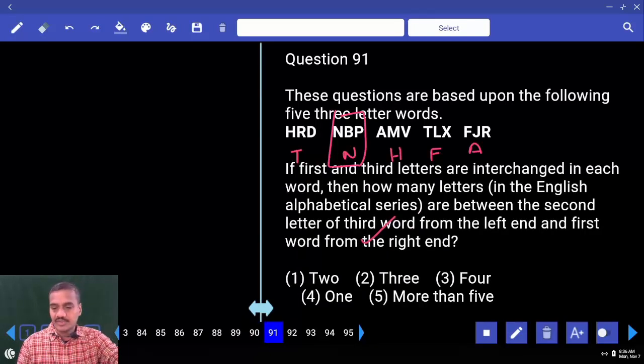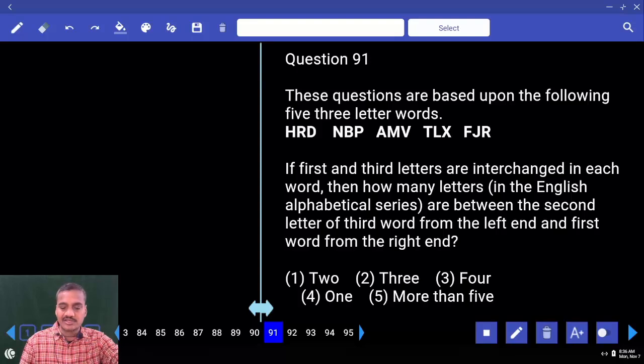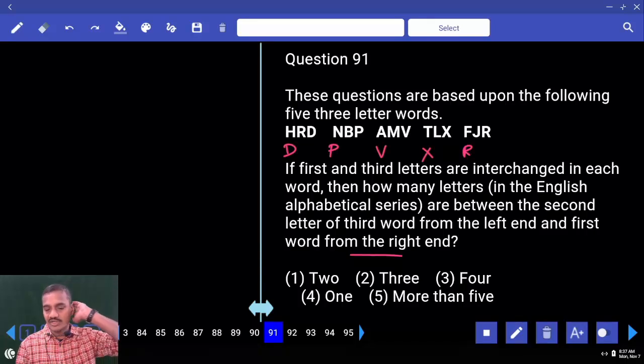Then 91. If the first and the third letters are interchanged in each of the words, how many letters are there between the second letter of the word from the left and the first letter from the right? If the first and third letters are interchanged, which letter comes to the first place? D, P, and this is V, X and R. Then how many letters are there between the second letter of the third word from the left and the first letter of the first word from the right?